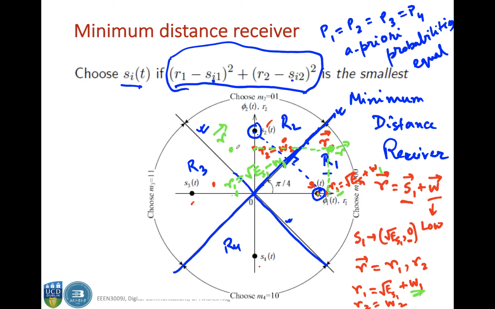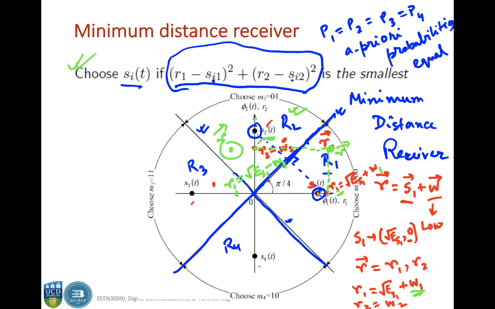So in this case, because of the negative noise, my received signal falls here in the region capital R2, even though I have transmitted S1. So I choose S2 according to this decision rule, and I can make an error.